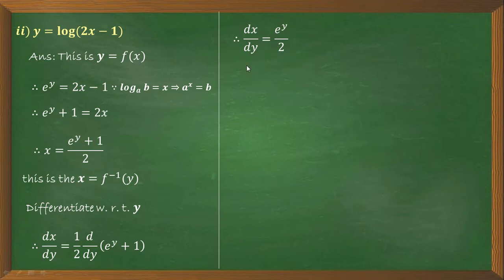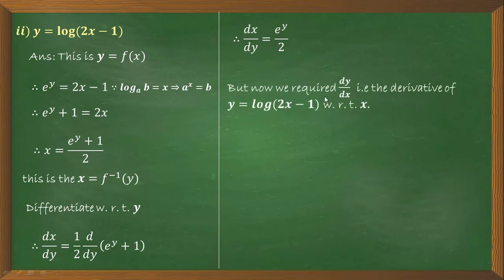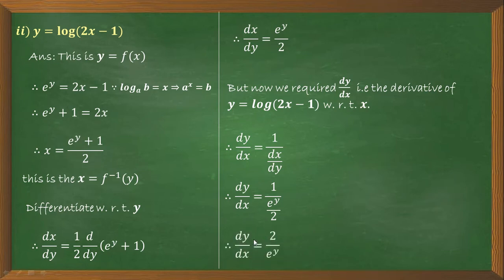But now the question is we require dy by dx. By that theorem, we get dy by dx is equal to 1 upon dx by dy, and hence we get 2 upon e raised to y. Now this is dy by dx, but it is in terms of y.